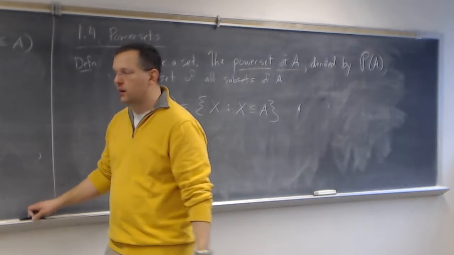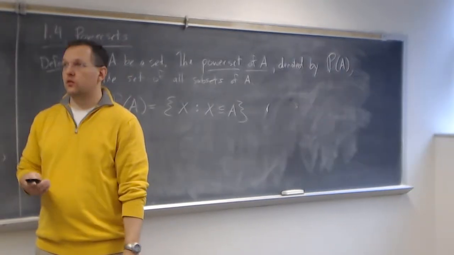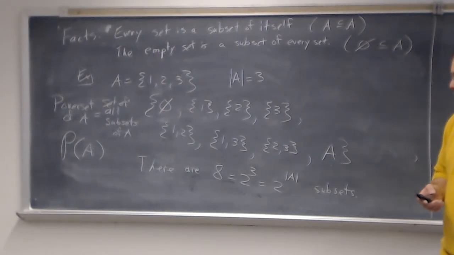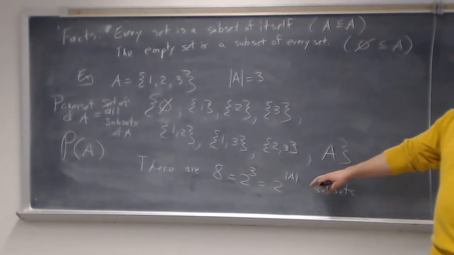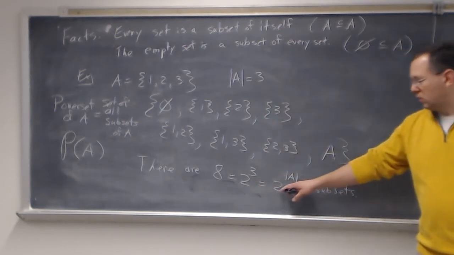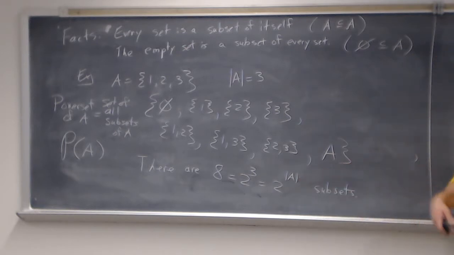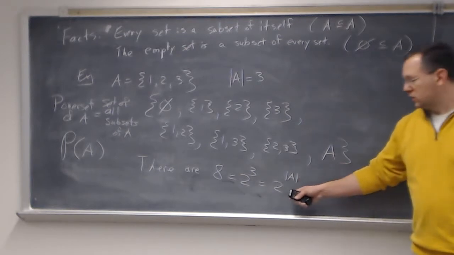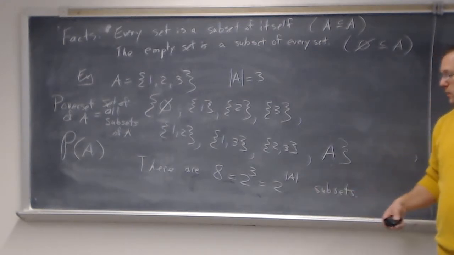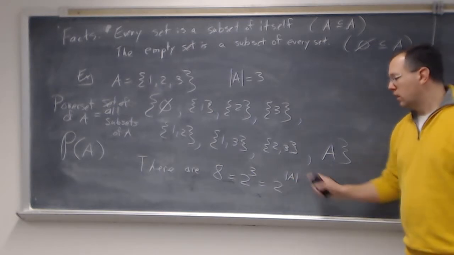We already know how big the power set is, right? For a finite set, here are the notes. Remember, A had 3 elements. Turned out there were 8, or 2 cubed, subsets. So there are 2 to the size of A subsets, and that's the size of the power set. That's how many elements there are in the power set.